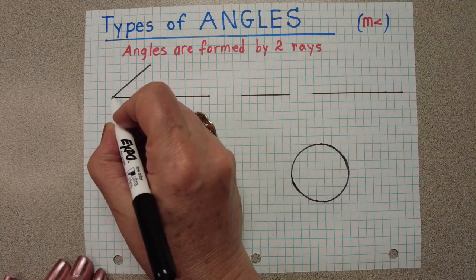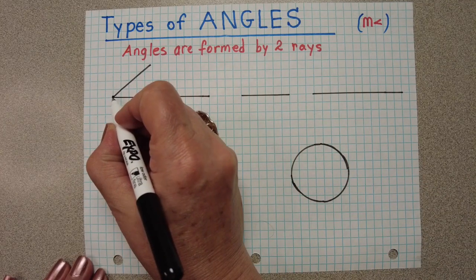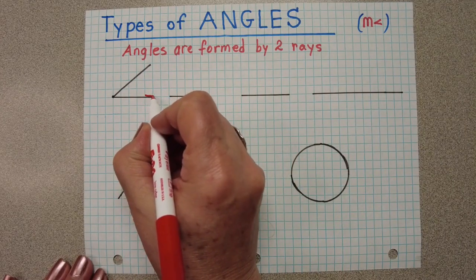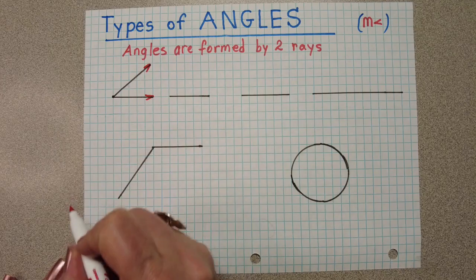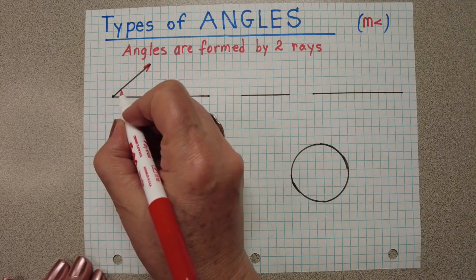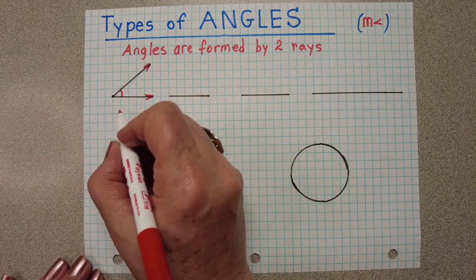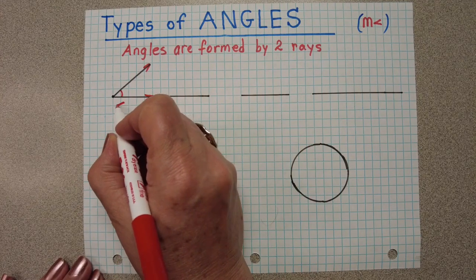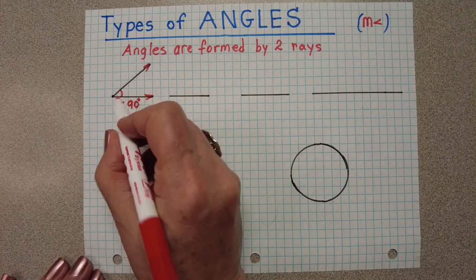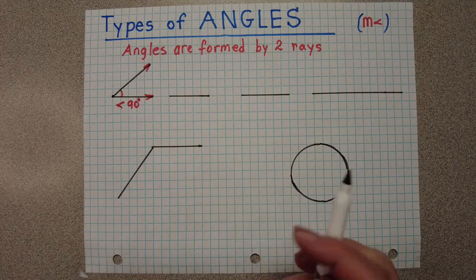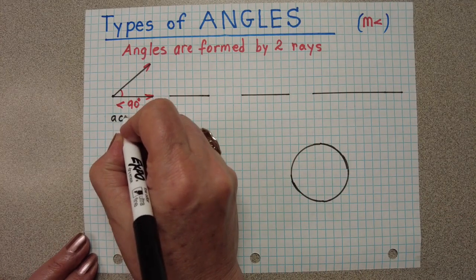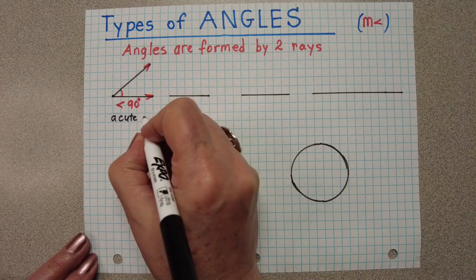So this part is the vertex and those two are rays, and they make this angle which is smaller than 90 degrees. We call this angle an acute angle.